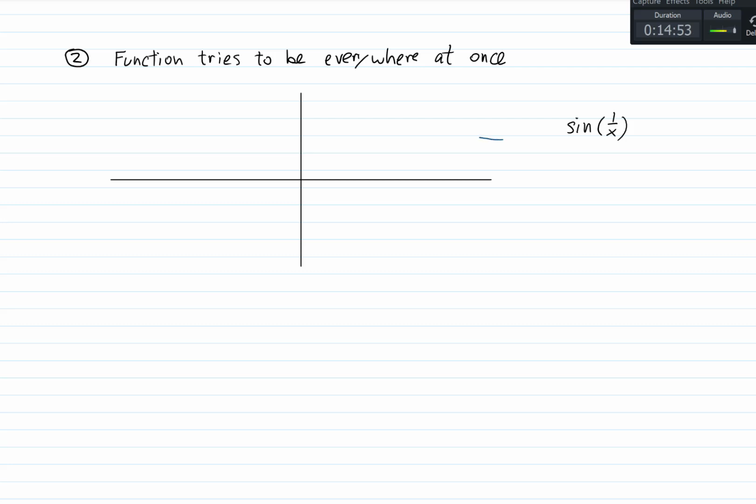It goes up a little bit here, and then it starts going down. From the other side, it looks very similar: it's coming along, goes up, goes down a little, and then starts going up. But everything goes crazy as you get closer and closer to zero.